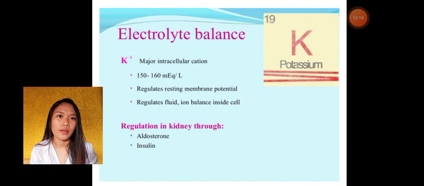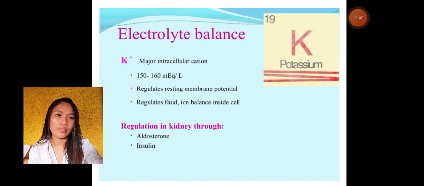Electrolyte balance: K, or potassium, the major intracellular cation, 150 to 160 milliequivalents per liter. It regulates resting membrane potential, regulates fluid and ion balance inside the cell, and is regulated in the kidney through aldosterone and insulin.